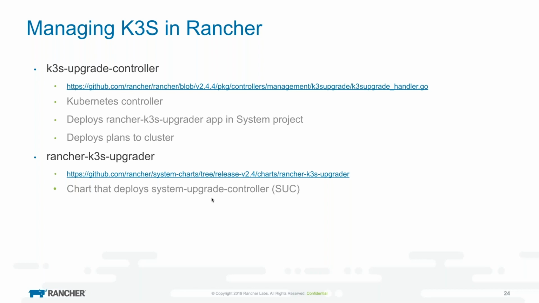We say save, and then that provided new version is passed into a plan, and that plan will be created in the cluster and say, okay, the plan will be to go to this version. And then based on that plan, like I said before, the system upgrade controller will spawn jobs, and those jobs will make sure it will actually happen.